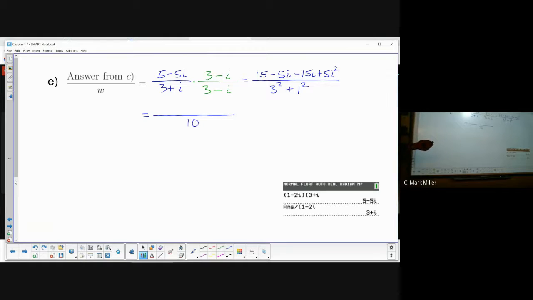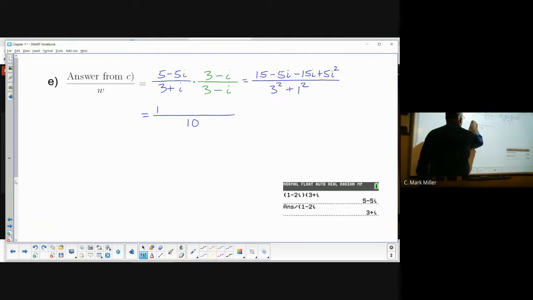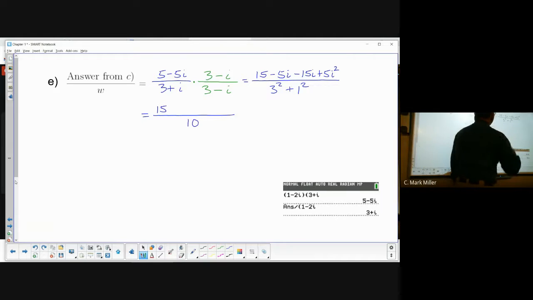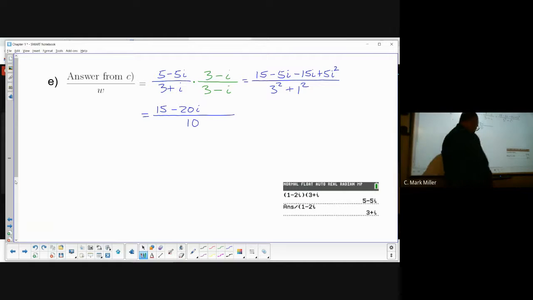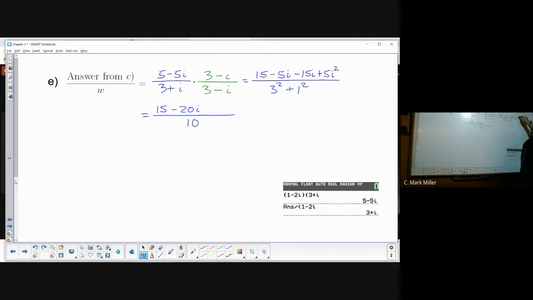15 doesn't have anything to go with yet, right? Minus 5i minus 15i is minus 20i. And then this little dude here is a minus 1, right?